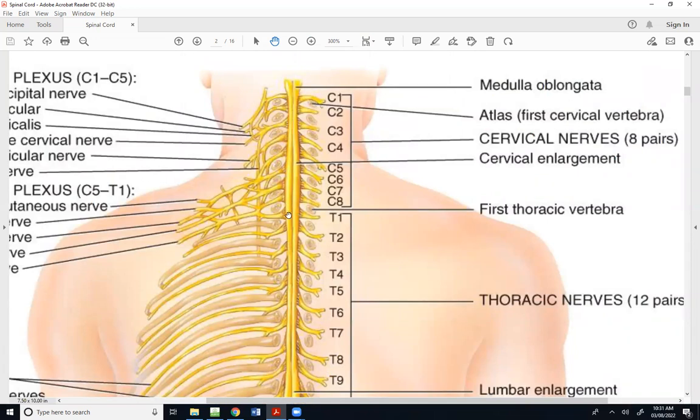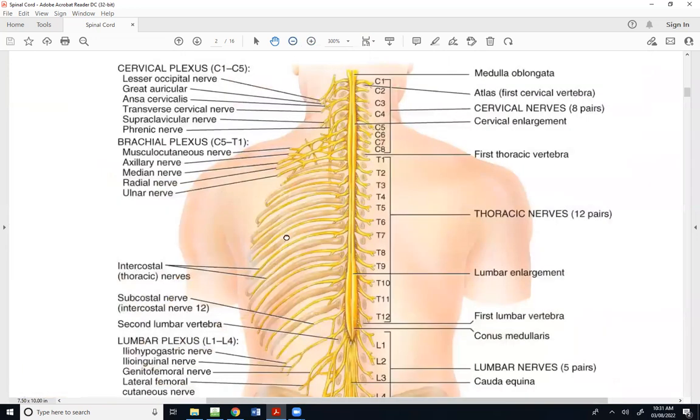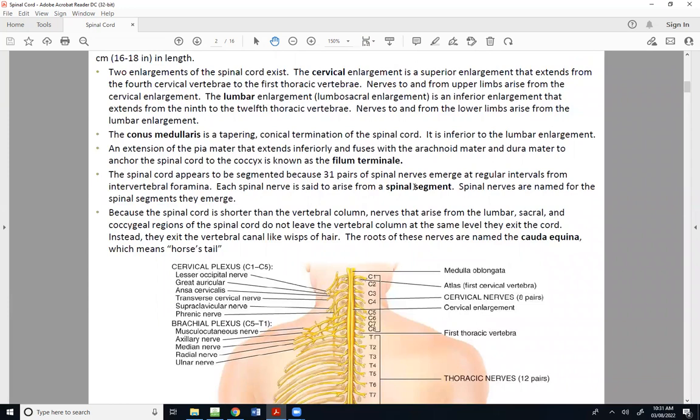They're all associated with a specific segment of the spinal cord called the spinal segment. And so the spinal cord appears segmented because of those 31 pairs emerging at regular intervals. All these abbreviations are referencing these spinal segments and the spinal nerves that are coming off.